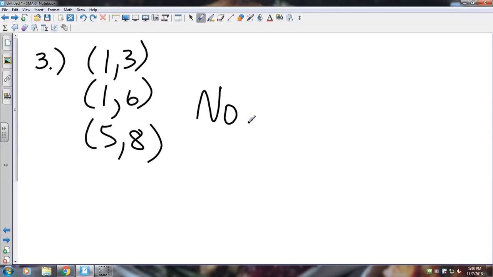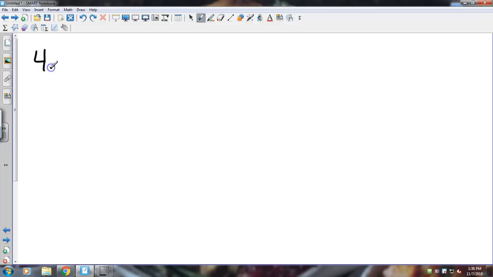Okay, question number 4. Okay, is it a function of x? Could I graph that? Could that be a line?